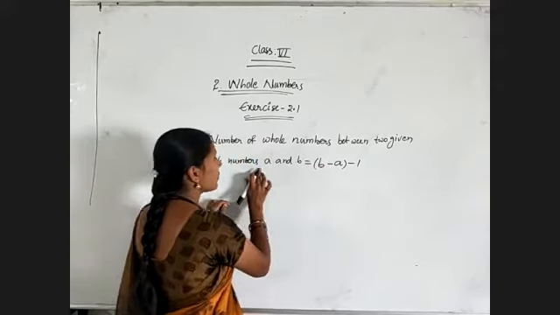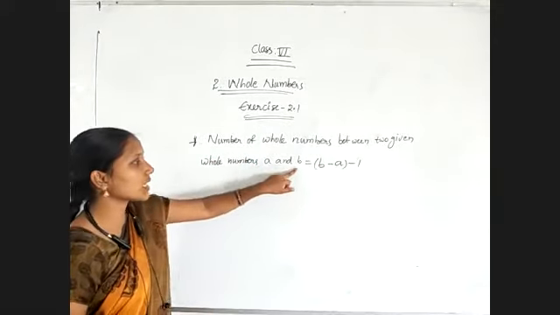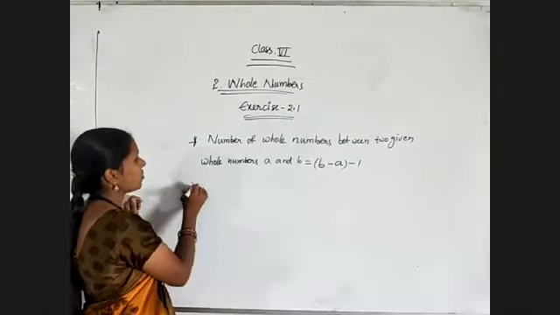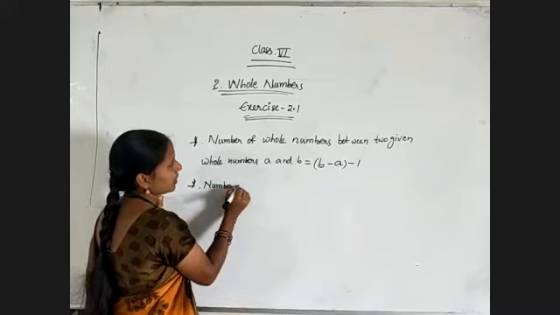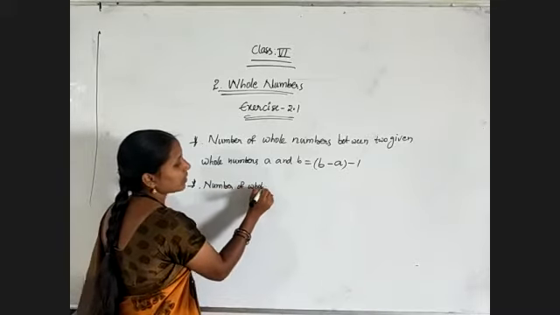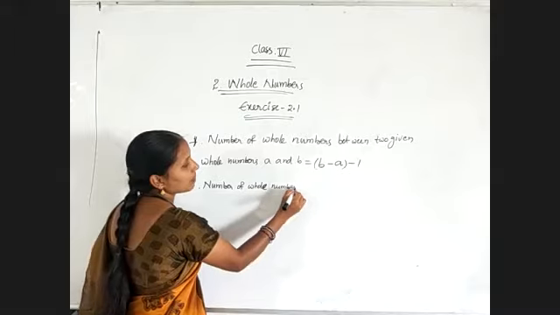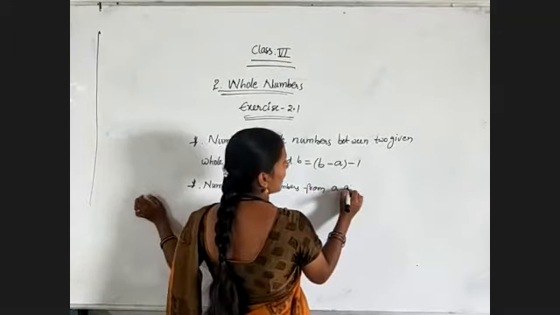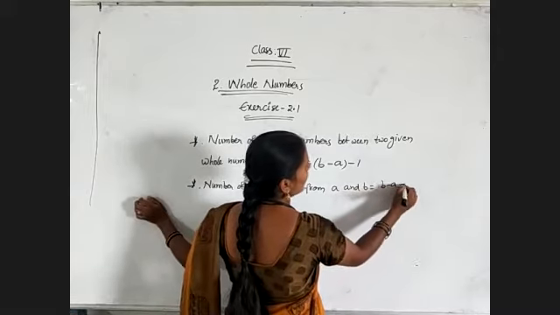If it is including, that means from A and B are given, in that case we need to take these two also. So B minus A plus 1 we will get. The number of whole numbers from, not between, from A and B is equal to B minus A plus 1.